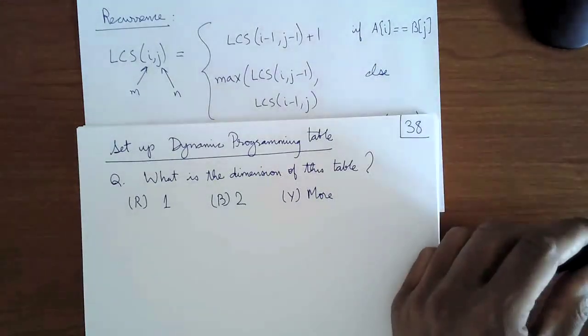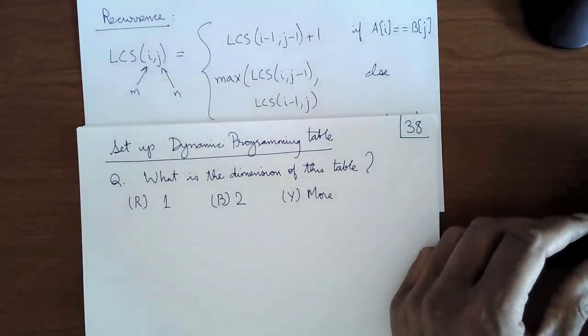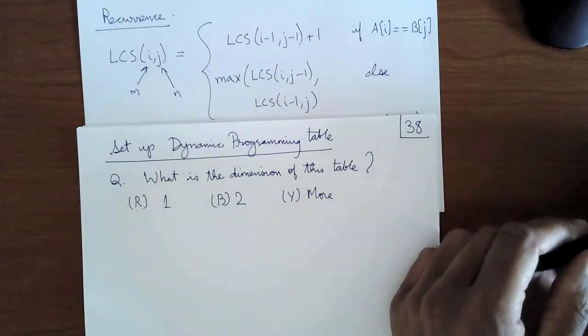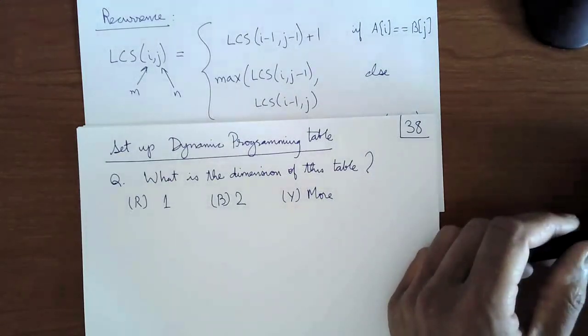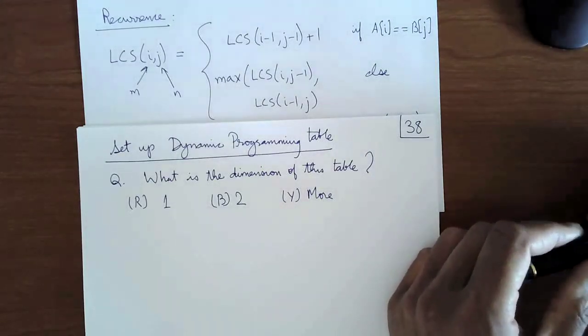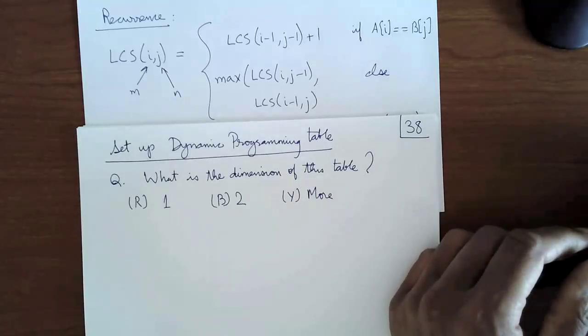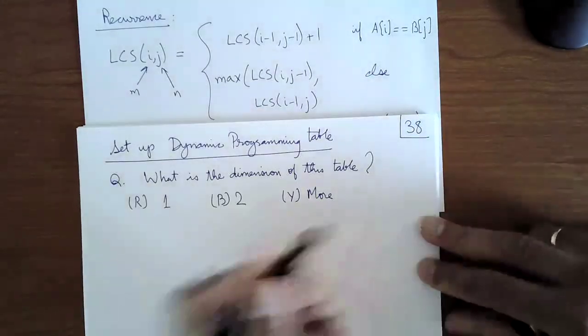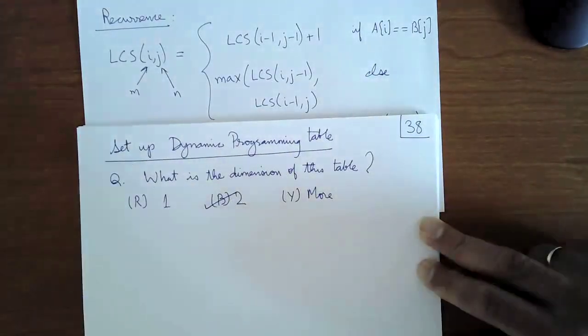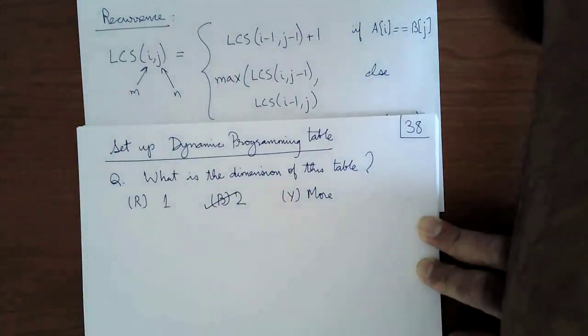Okay, I think I'm getting a pretty good vibe from the answers I'm seeing so far. Most of you are absolutely right. The answer is 2. There are 2 dimensions.